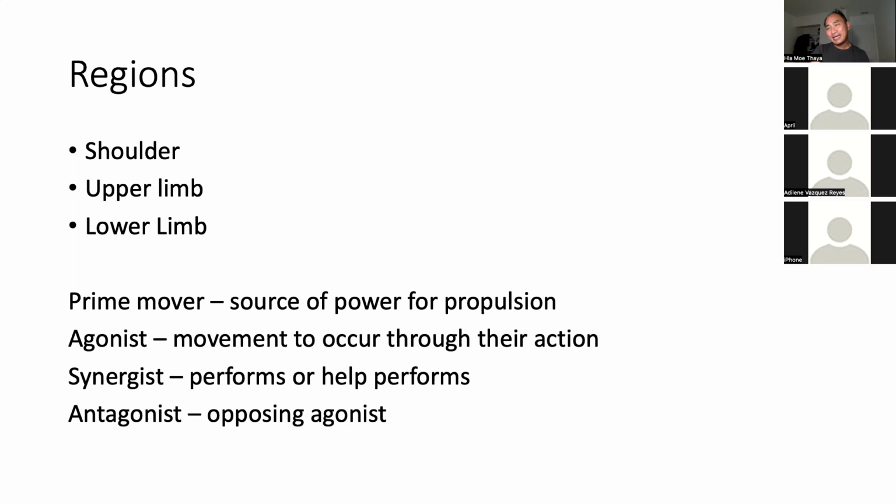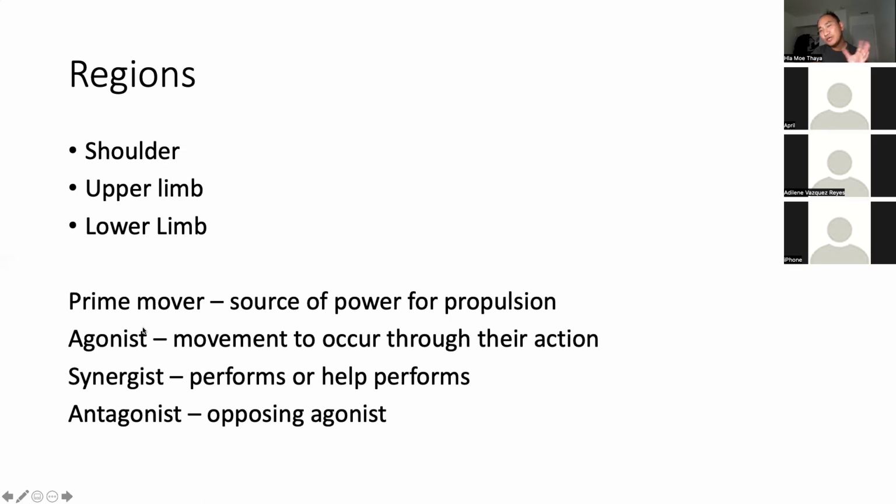So what is an agonist? In some textbooks, they don't even differentiate between prime mover and agonist, but some textbooks might say agonist is pretty similar, but just helping the prime mover.